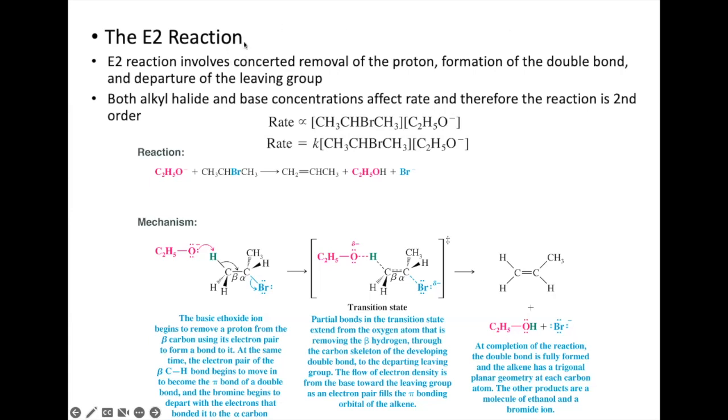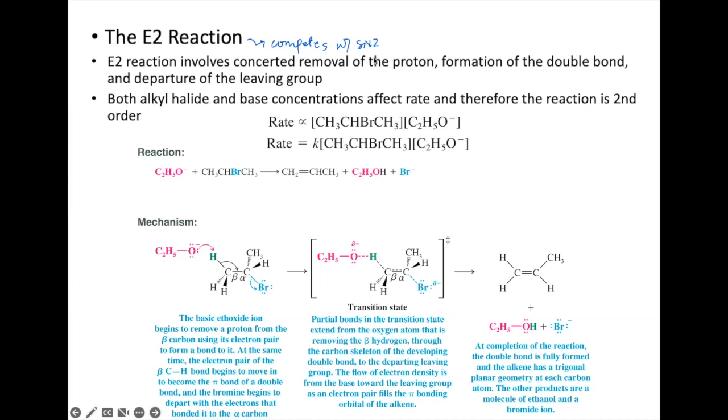So ang note ko dito, guys, is that this reaction competes with SN2 reactions, and therefore it follows a similar mechanism to SN2.